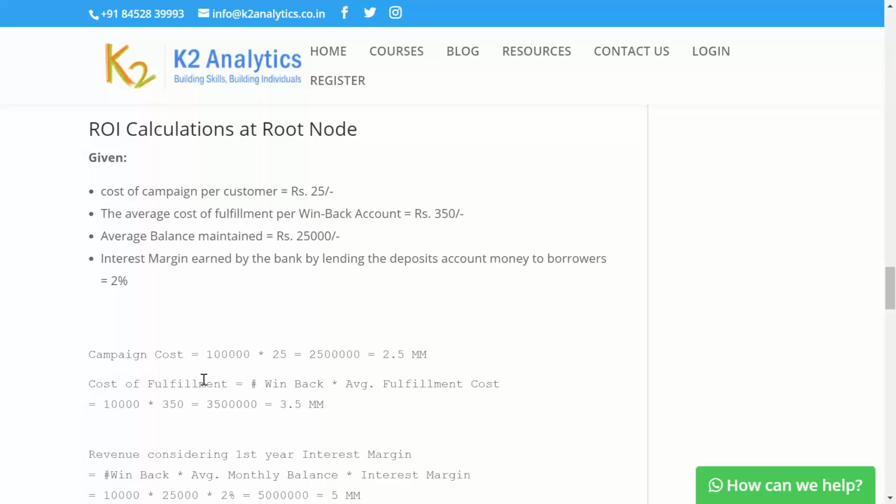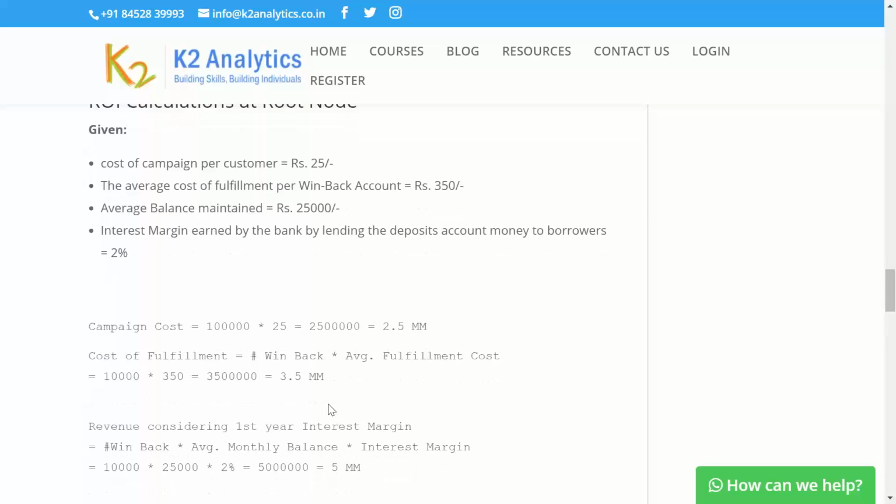Cost of fulfillment: there is a 10% success rate. So how many win backs will be there? 1 lakh into 10%, that is 10,000. And on average, my cost of fulfillment is 350 bucks. So 10,000 into 350, that is 35 lakh is my cost of fulfillment. So 3.5 million.